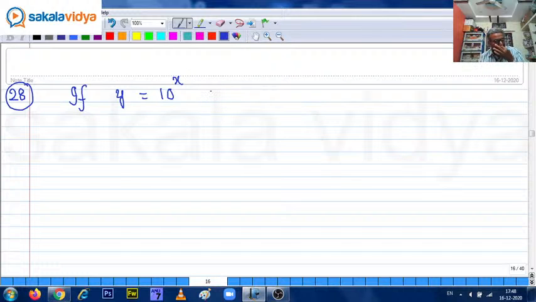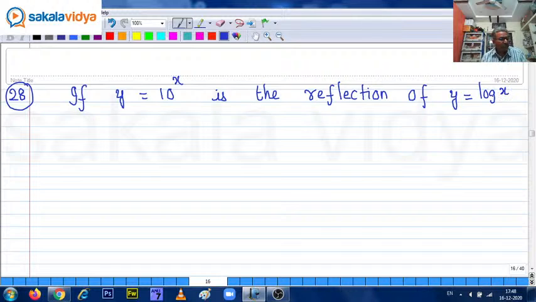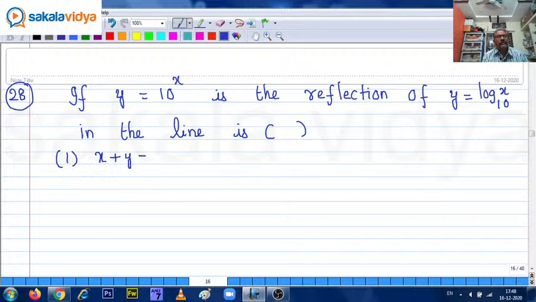If y is equal to 10 power x is the reflection of y is equal to log x to the base 10 in the line, is: first option, x plus y is equal to 0.